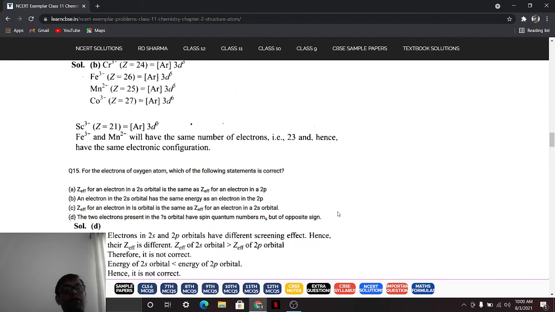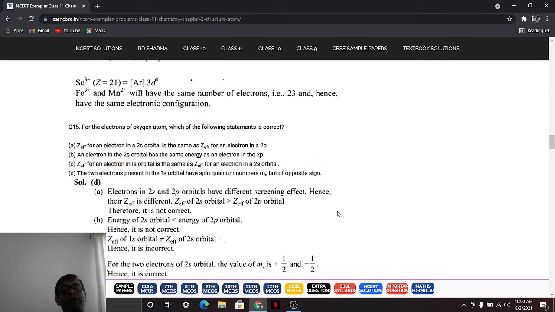For the electrons of an oxygen atom, which of the following statements is correct? Z effective for an electron in the 2s orbital is the same as Z effective for an electron in a 2p orbital.